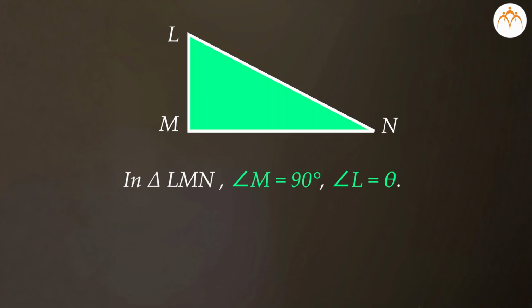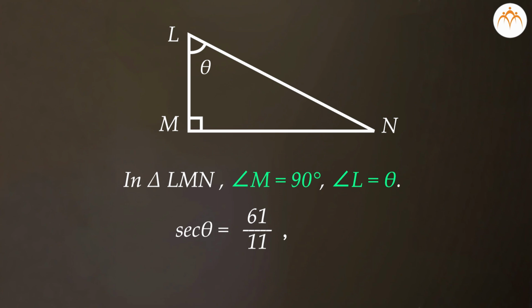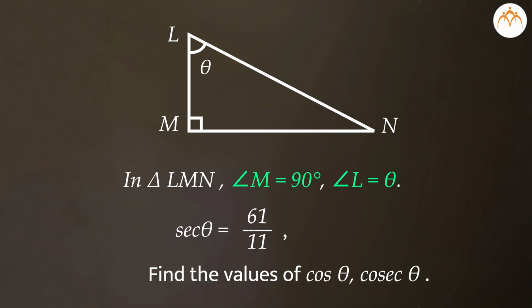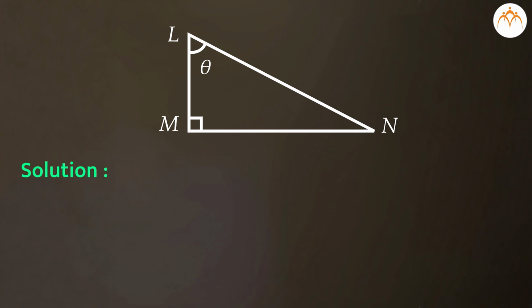In triangle LMN, angle M is equal to 90 degree, angle L is equal to theta. If sec theta is equal to 61 upon 11, find the values of cos theta and cosec theta. Solution given. In triangle LMN, angle M is equal to 90 degrees, angle L is equal to theta.